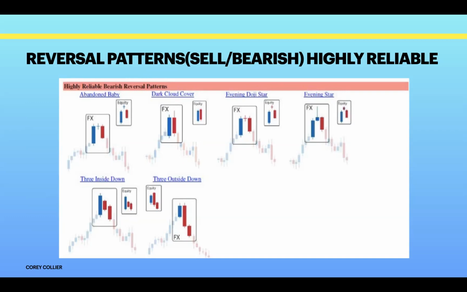What I do recommend is Googling some type of reversal pattern sheet or taking a picture of this and printing it out, hanging it above your trade station. That way, when you see a potential move and you see a retracement against that move, finding support or resistance at market structure, you're looking for these candle patterns to form. If you identify one of these candle patterns, guys, you're taking that trade.